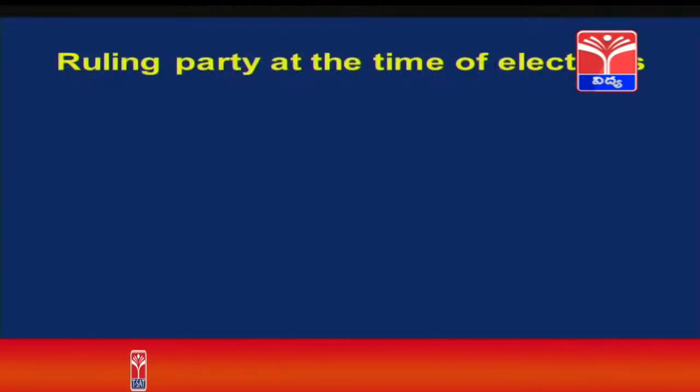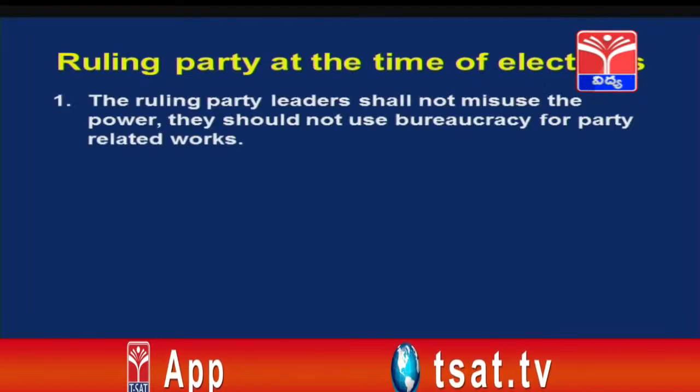Children, till now we have seen different rules and regulations about the elections, and we have seen the day of polling. Now, let us see what is the role of the ruling party at that time, the guidelines to be followed. The ruling party at the time of elections. The ruling party leader shall not misuse power.